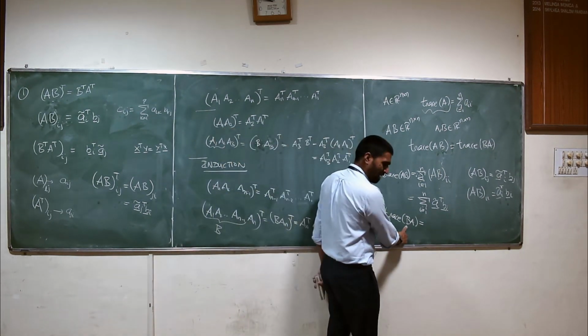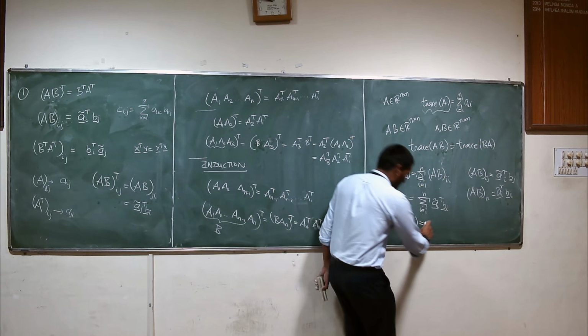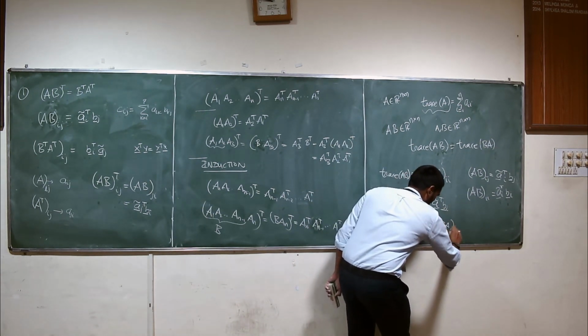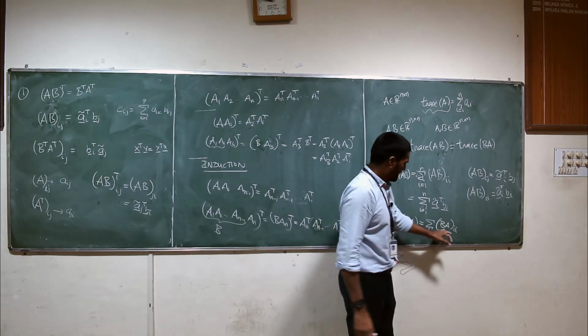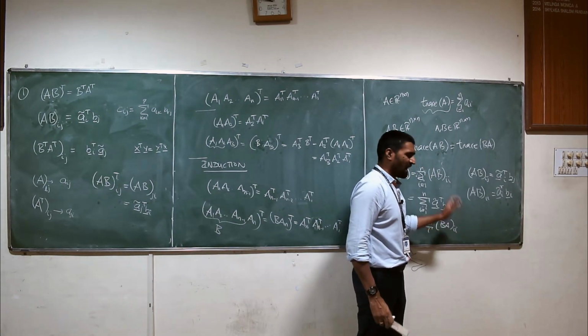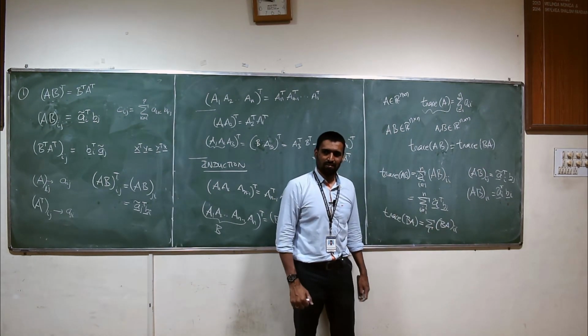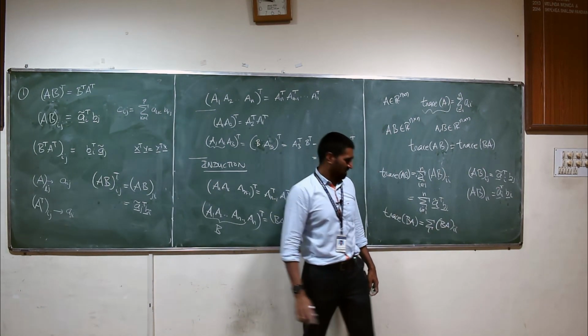Well, it's simply the sum of the diagonal elements of BA. That means (BA)_ii. What is the ith diagonal element of the matrix BA? The ith row.